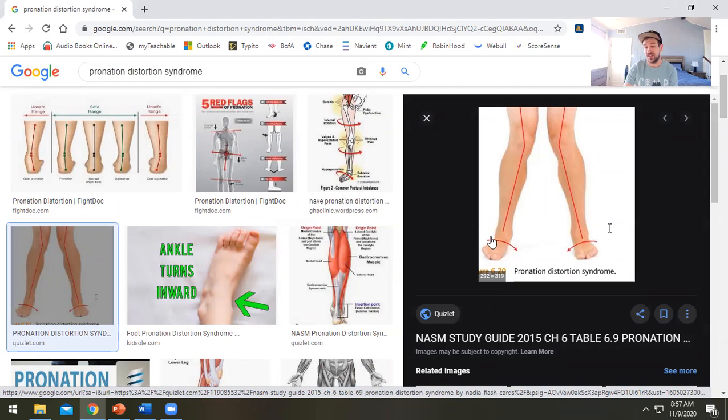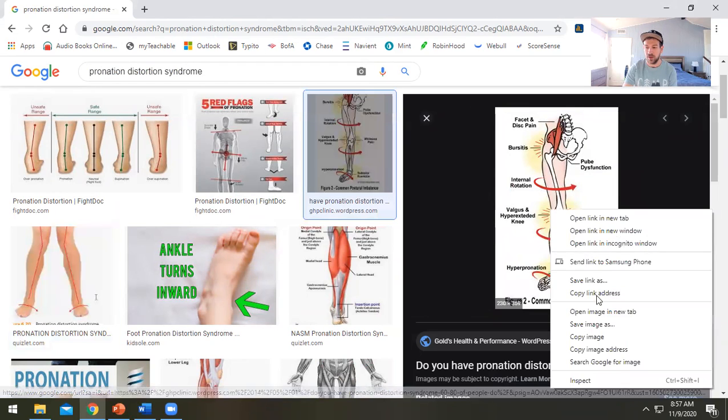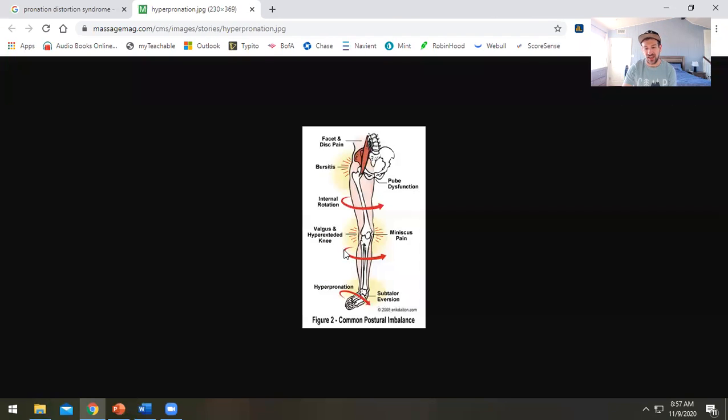And what that causes, you can see this flattening here, causes internal rotation. Actually, here's an even better picture. You can see this internal rotation of the tibia there, right? And then that causes internal rotation of the femur, which is probably causing problems up here at the hips, right? Generally, people will get this in both legs, but sometimes it happens in one leg.